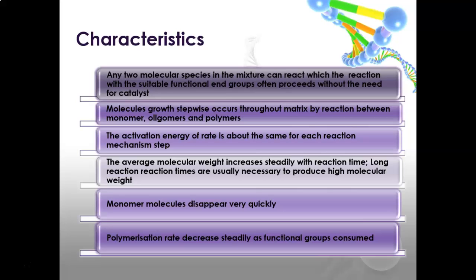The average molecular weight increases steadily with reaction time. Long reaction times are usually necessary to produce high molecular weight, which is achieved at the end of the reaction. The monomer molecules disappear very quickly, and the polymerization rate decreases steadily as functional groups are consumed. So these are some characteristics of step growth.